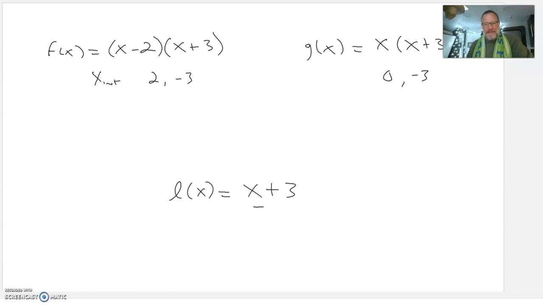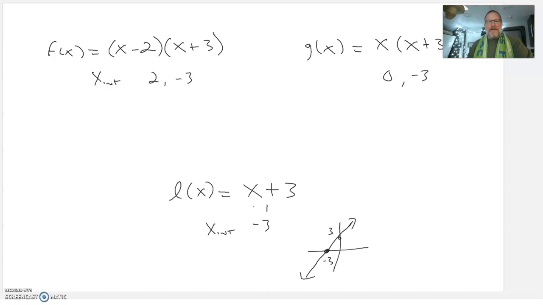And even with this line, yeah, that's a line. It crosses at 3, goes up 1 over 1. I can draw that. That's an mx plus b. I'm sure you probably have a memory of mx plus b. And you know what? What makes 0 is the x-intercept, -3. And look down here. If you look at the graph, sure enough.